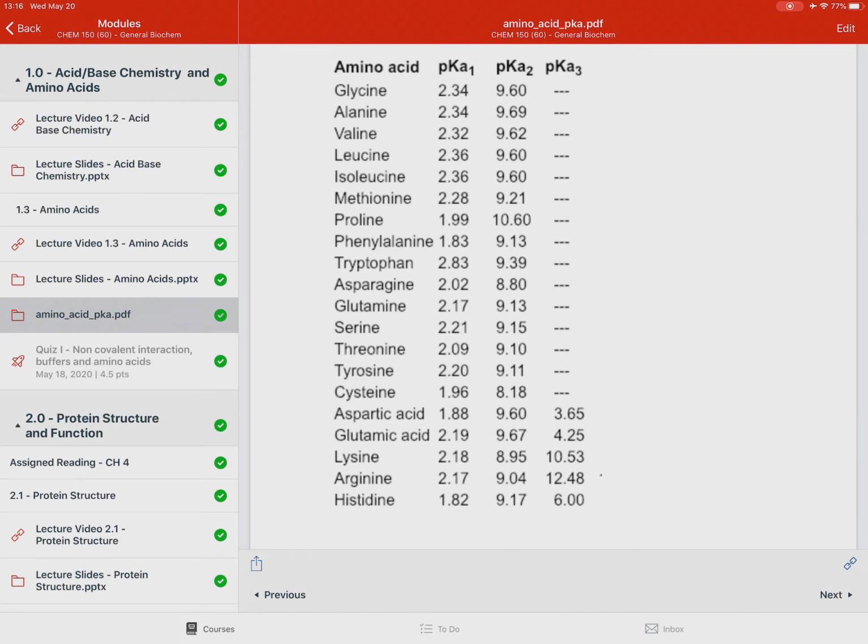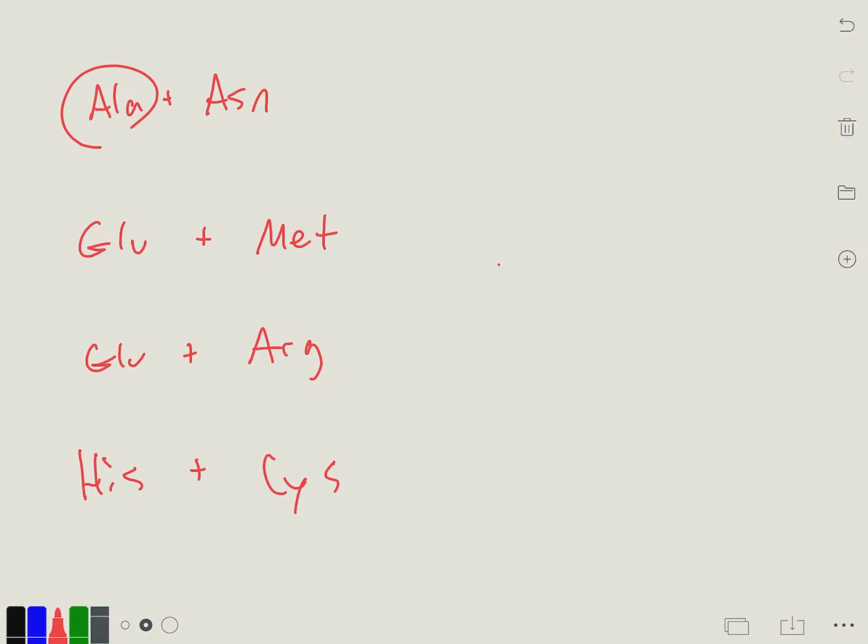Down at the bottom of this list, you see that aspartic acid, glutamic acid, lysine, arginine, and histidine all have a third pKa. That third pKa means their R group, because that's the pKa we're talking about. Every amino acid has an acidic hydrogen on the carboxyl end and an acidic hydrogen on the amino end, at physiological pH especially, but even at low pHs.